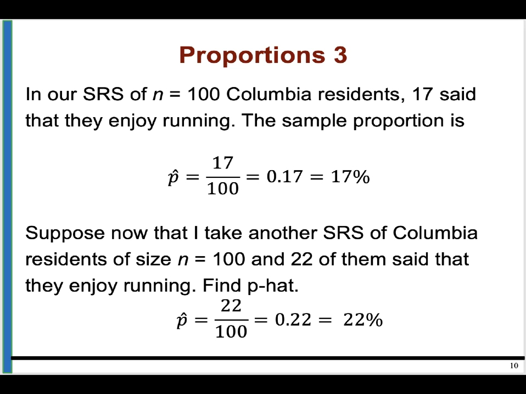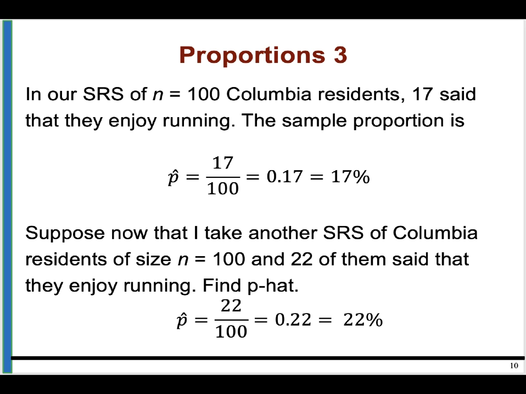So we noticed here that even though our samples were coming from the same population, the sample proportions were different. So are statistics from different samples but drawn from the same population going to be exactly the same? Well, usually not. There's usually going to be some variation from sample to sample.